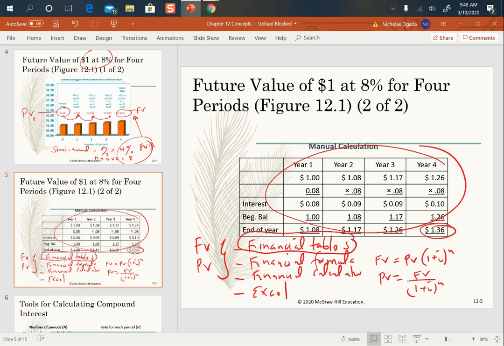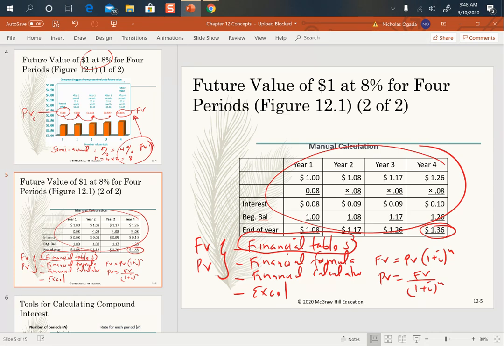So I will stress that you try to stick to the financial tables. But it's also very important that you practice how to use the financial formula, the financial calculator, and Excel.